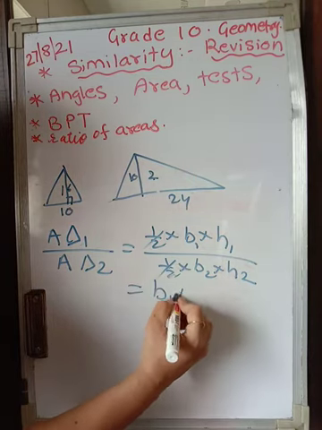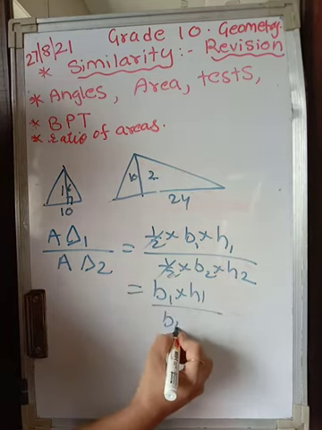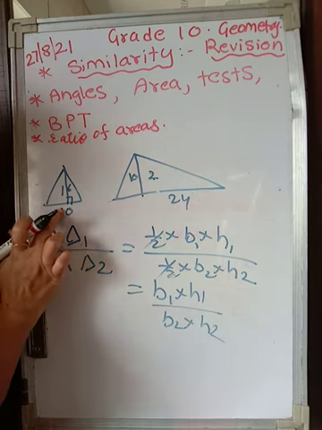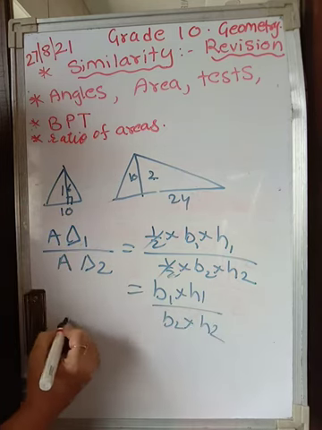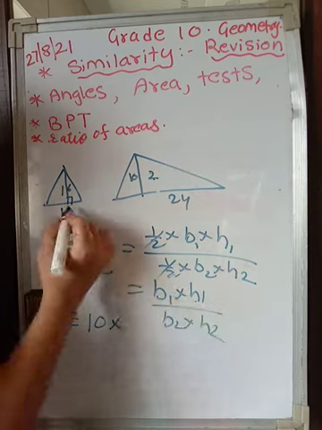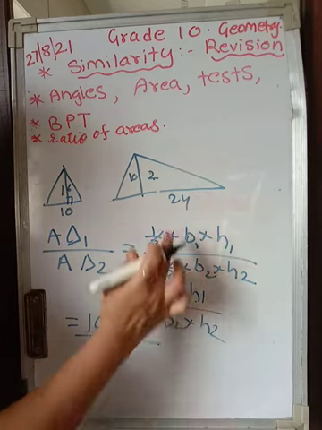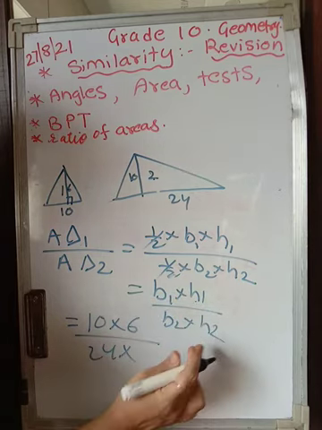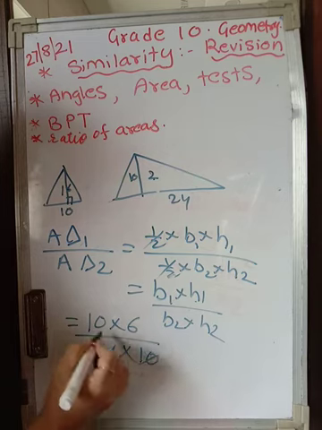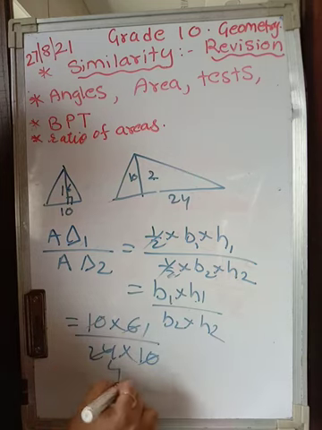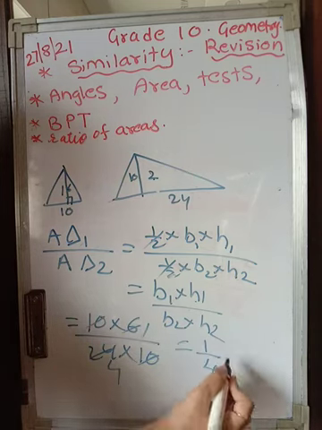So it will be B1 H1 upon B2 H2. Base 1 is how much? 10. So you substitute 10 into height 6, upon B2 which is 24 into height which is 10. 10 cancels. 6 ones are 6, 4 sixes are 24. Your answer will be 1 upon 4.